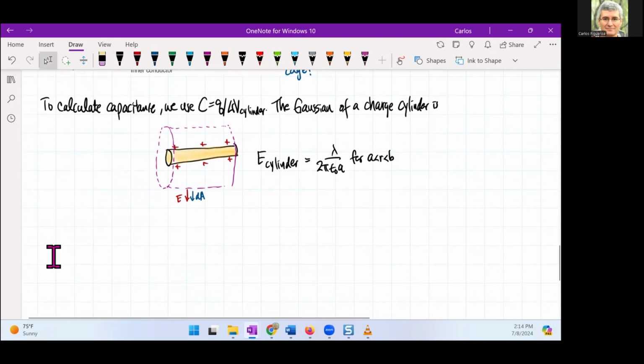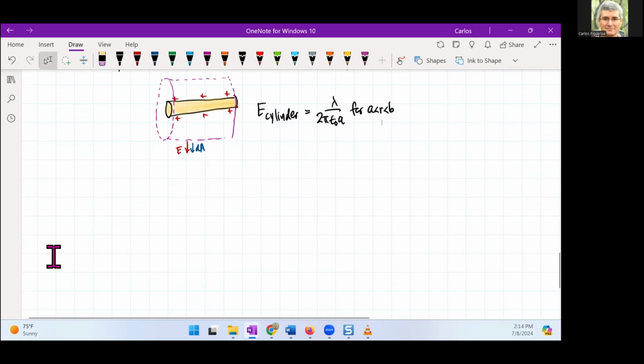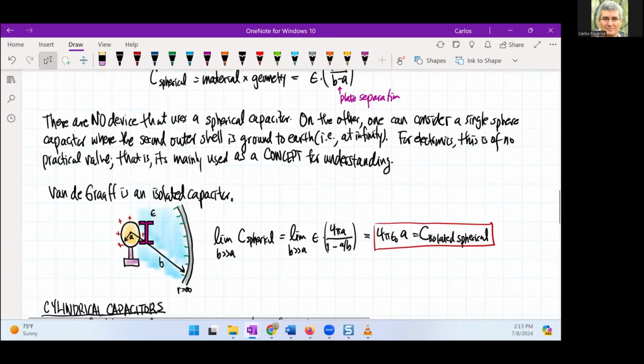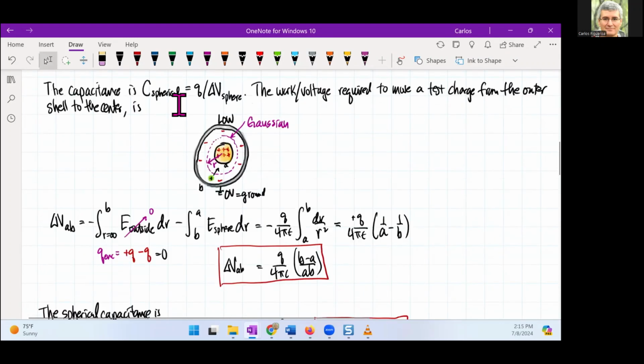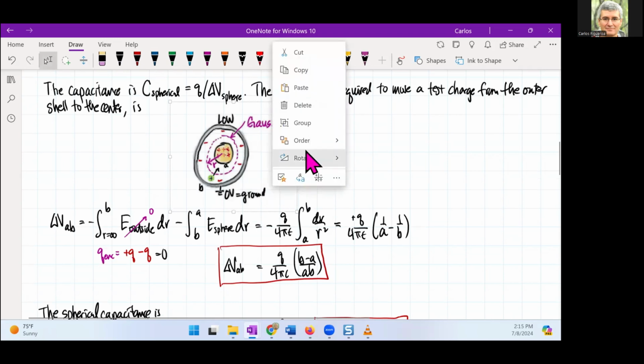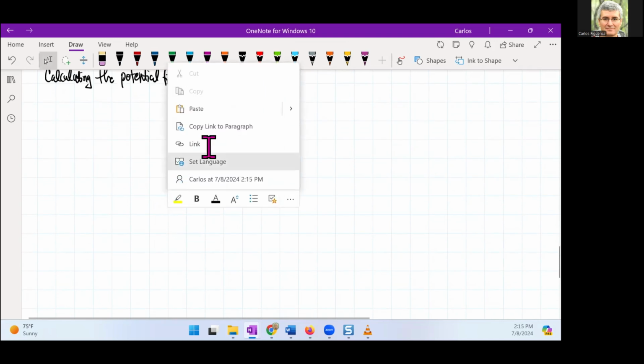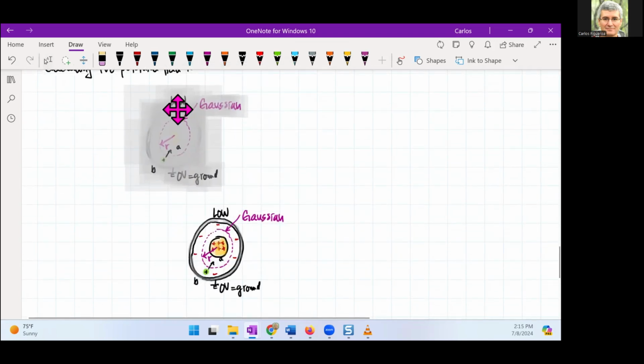So now I could go calculate the potential using Gauss's method. Calculating the potential is going to be like this. So I have my system. If I bring this down, I have this field that I'm going to integrate over.